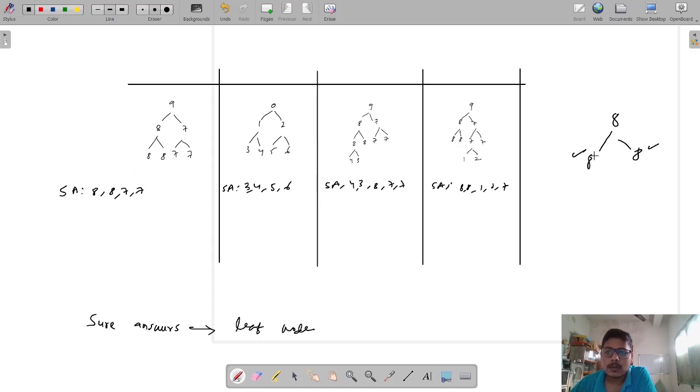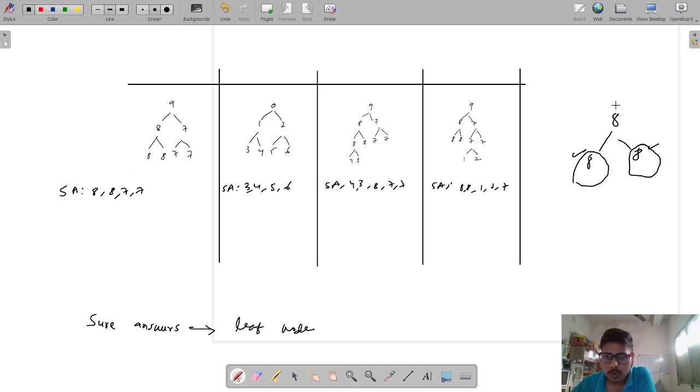That means that including 8, all its subtrees have the same value. For this one, including 8, all its subtrees are the same value, right? So these two subtrees have all their nodes as the same value, right?